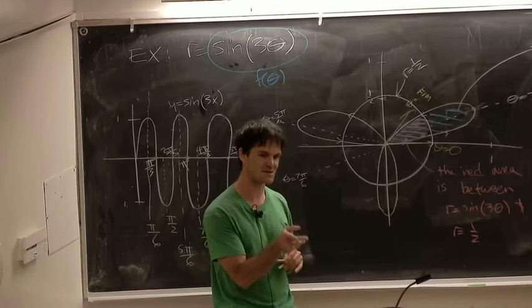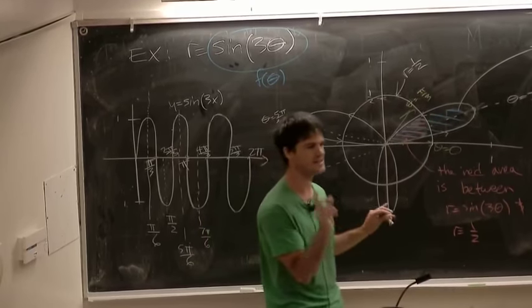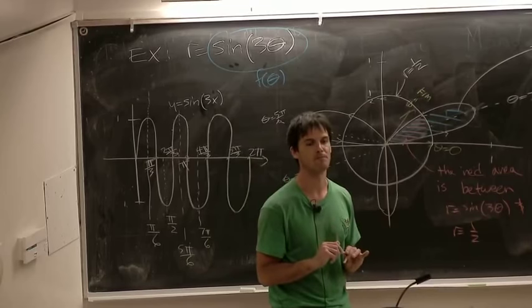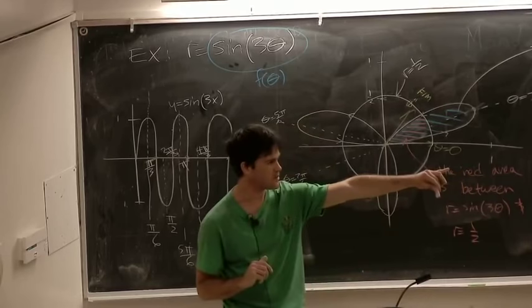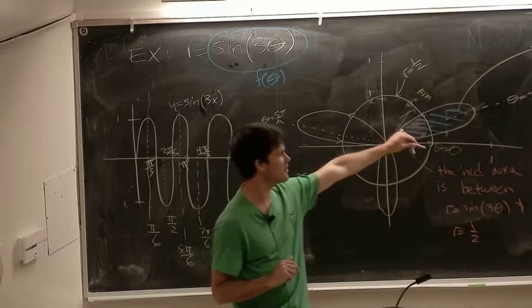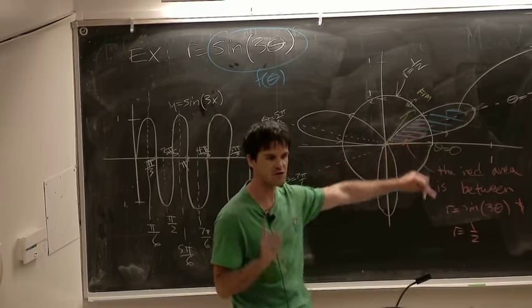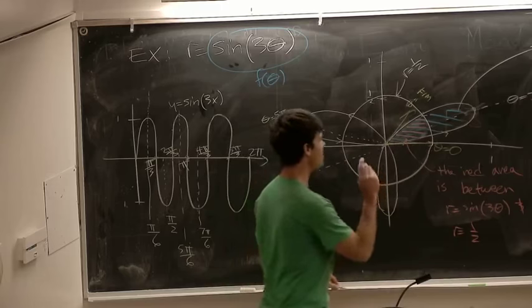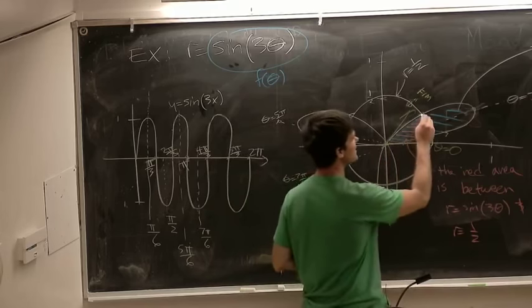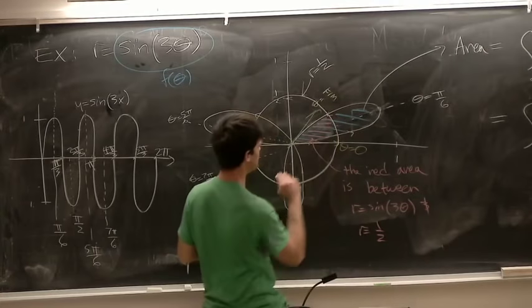It looks like it's the circle. You're right, actually. It is, except there's a problem. That formula will not work if you try to treat the circle as the outer function here. And here's why.